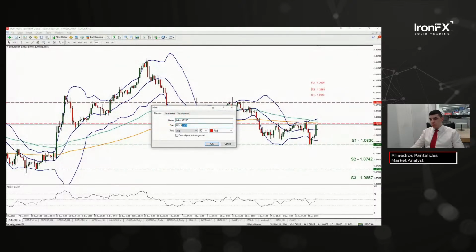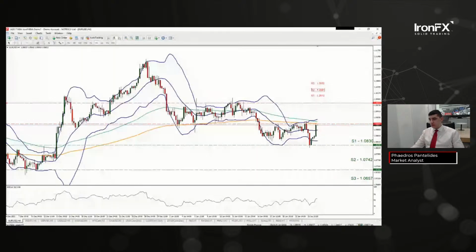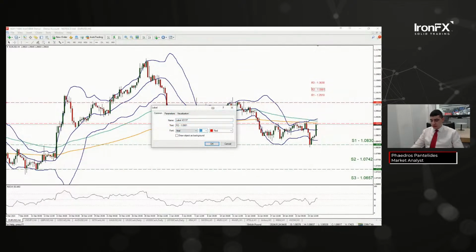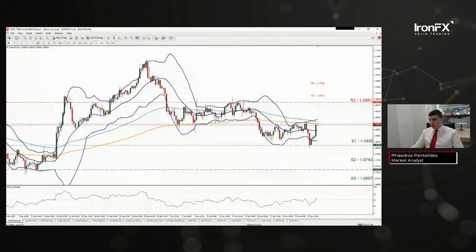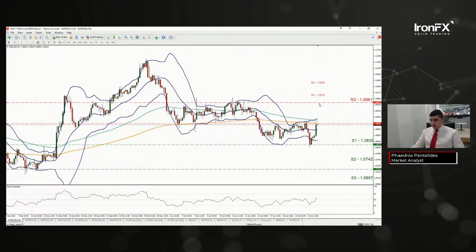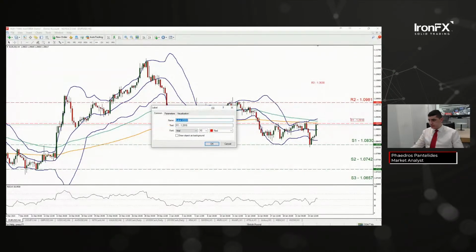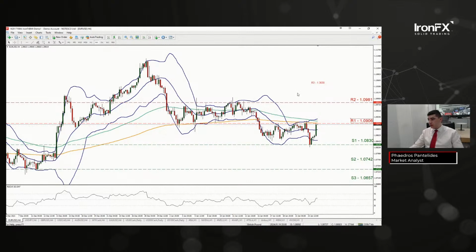And let's just change this. Then R1, 1.0906, as we mentioned before. So I have R1, R2, and let's place R3.